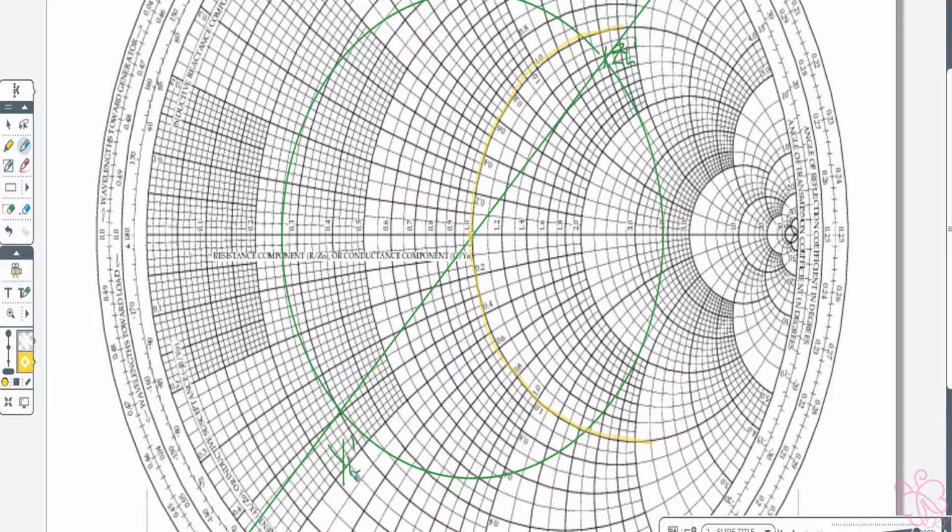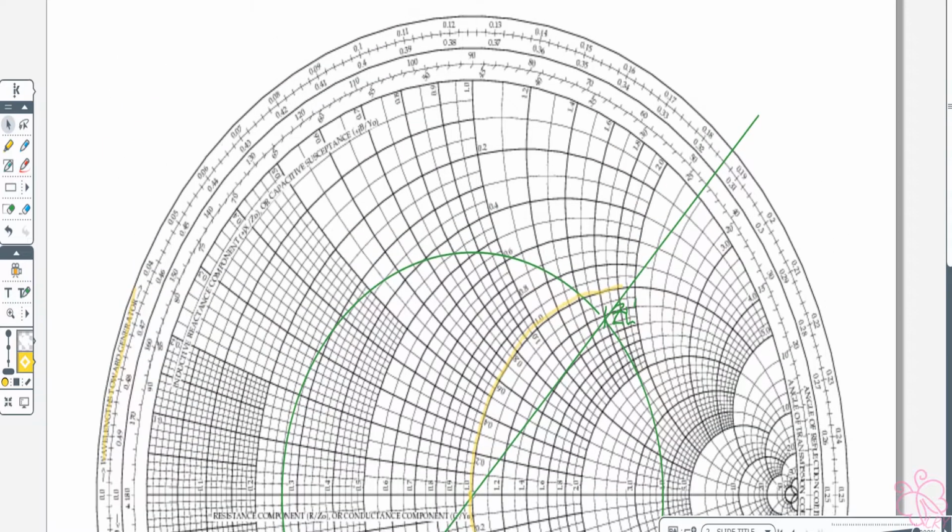So what we have to do is move YL prime towards the generator. We're going to use the outer scale towards the generator to the first intersection of the VSWR circle and the real part circle. In this case, YL is here. So we're going to move clockwise to the first intersection. This is our first intersection.